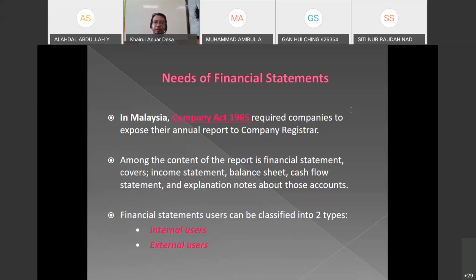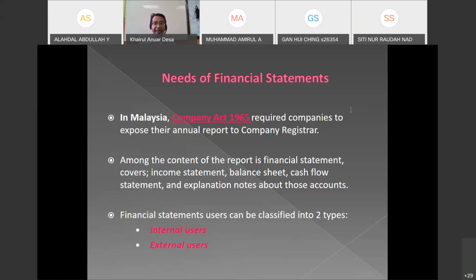Yes, competitors as well. Competitors wanted to see what is the strategy taken by this company. What is the future strategy of the company? Yes, competitors also read their competitor's annual report or financial statement. Bagus.